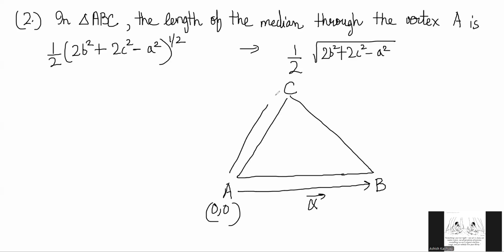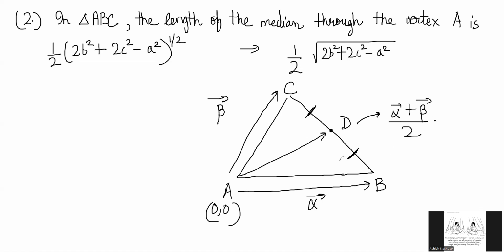And let's say this is your beta vector, right? And the median is to this point D, and AD is my median, right? This is dividing the opposite side in equal parts, right? So obviously the position vector of D would be alpha plus beta by 2, that is by section formula.